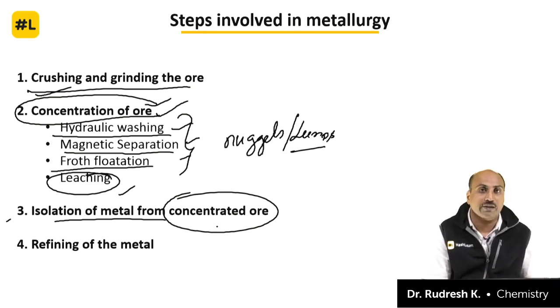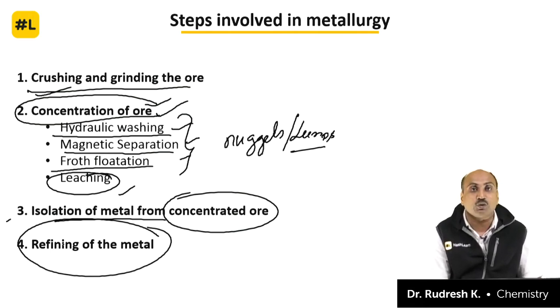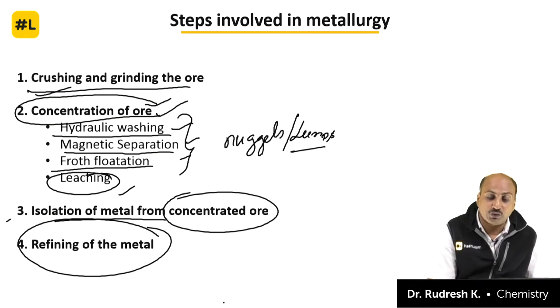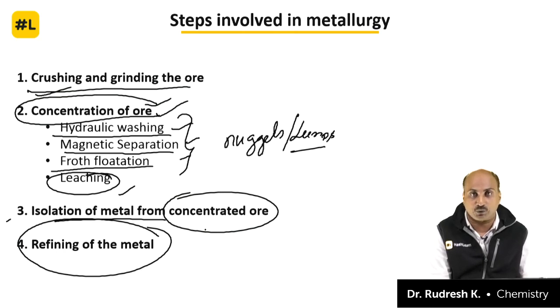But if you want to make an article, we always look for 100% or 99.99% purity of the metal. Hence, we finally go for refining of that crude metal to get a refined ultra pure metal which can be used for lots of applications. I hope you understood. These are the 4 methods or techniques which are employed in any metallurgical process.